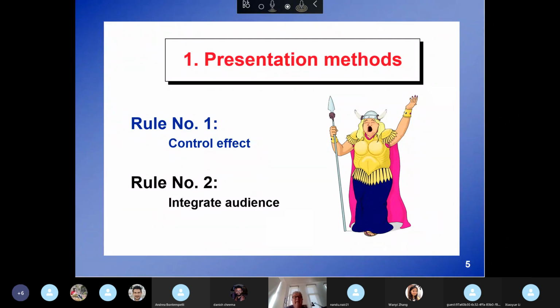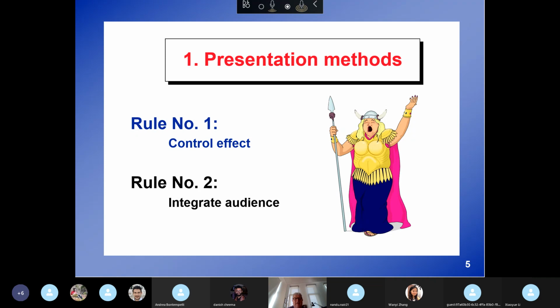So, for instance, a common mistake that I've seen sometimes, not anymore, is that some people talk looking at the screen, or some people talk looking at the board. No, you have to talk to the people, and not only that, you should really move around and talk to different people at different times.